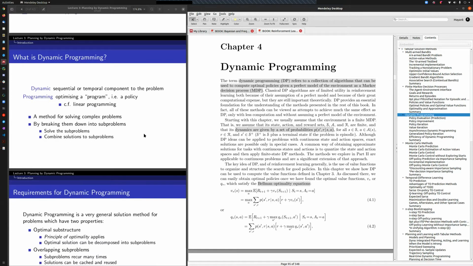David Silver defined it as a sequential or a temporal component to the problem. How does that make sense in the RL context?